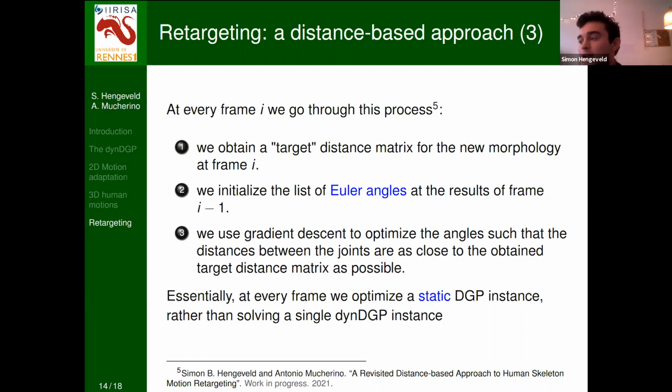So we're optimizing Euler angles, and we also end up with Euler angles again at the end of the process, so we can have the motion in the same terms that we started out with. Finally, we use gradient descent to optimize these angles at every frame, so that we make sure that these distances between joints are as close as possible to the target distance matrix that we obtained in the first step. Like I mentioned before, essentially, we're solving a static DGP instance at every frame, rather than solving a single dynamical DGP instance across all frames.